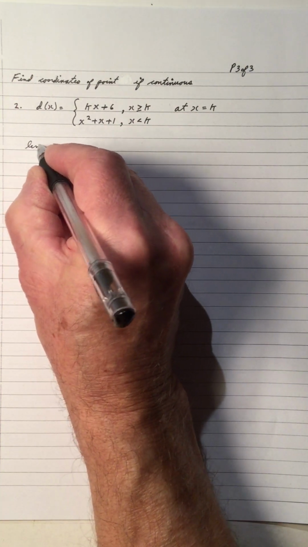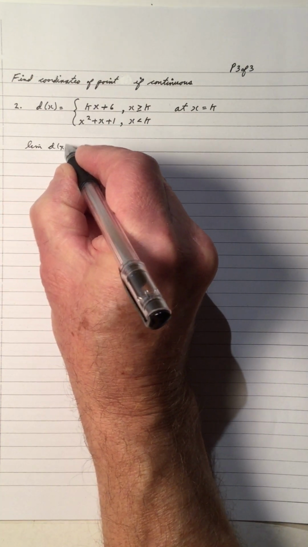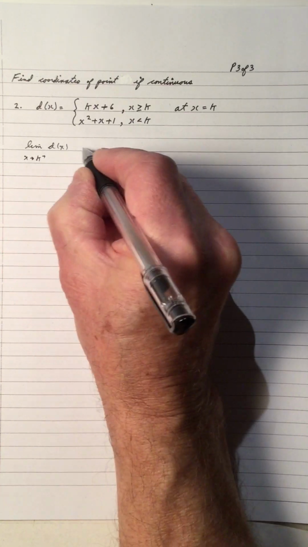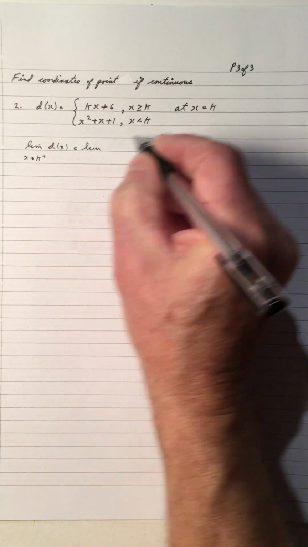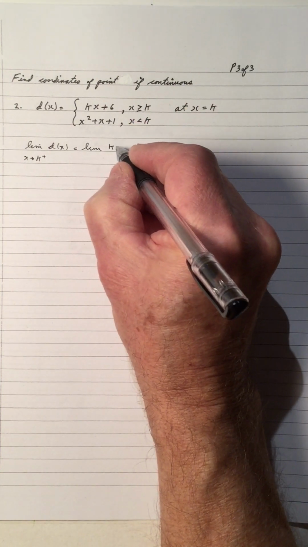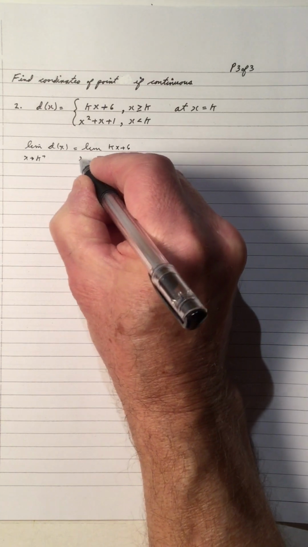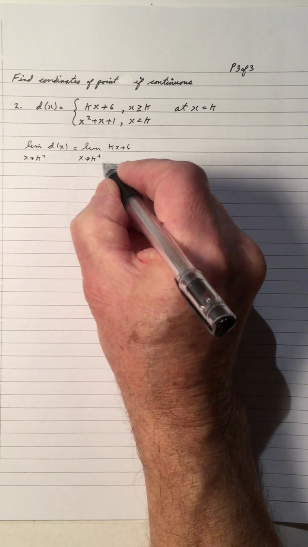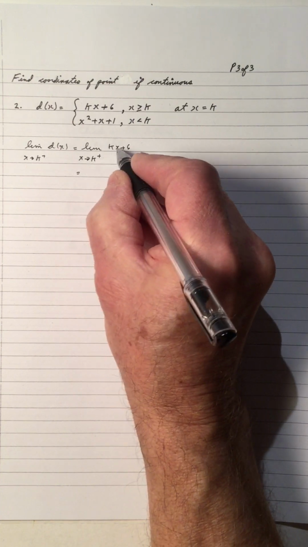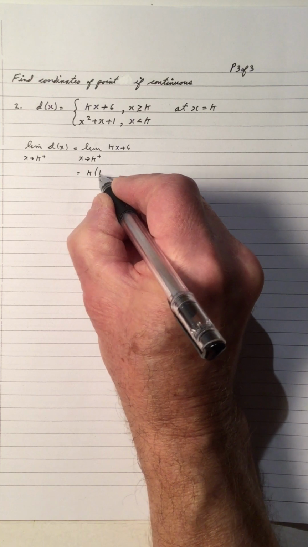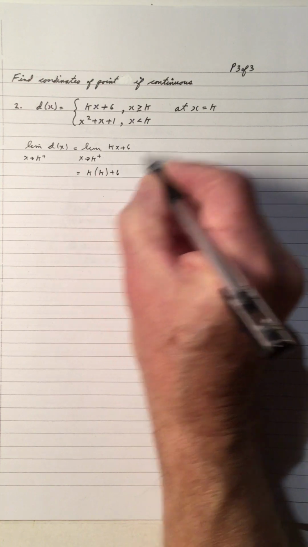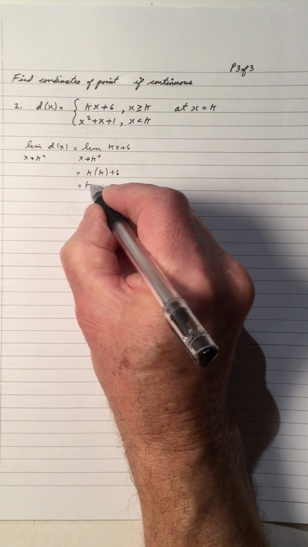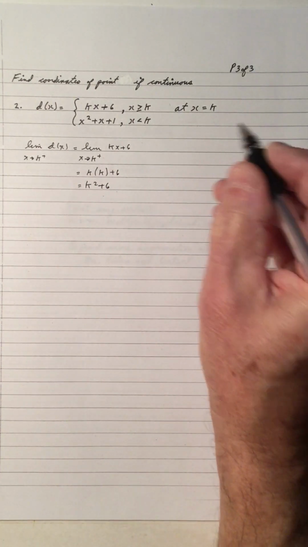So the limit of d of x as x approaches k on the right side is kx plus 6. Here x is k. Instead of previous ones where we had numbers, now we have a value of k. So that's k squared plus 6.